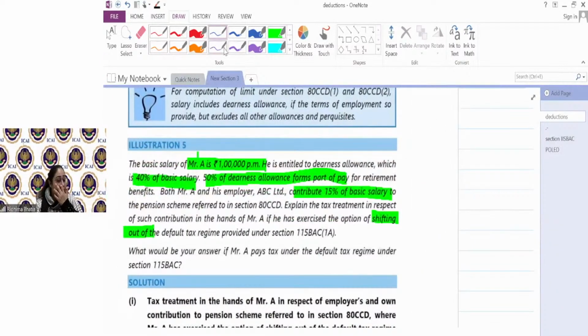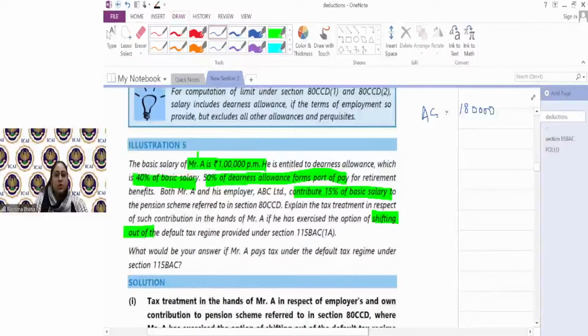First thing I have to understand is what is the salary and what is the actual contribution. Actual contribution is 15% of basic salary: 1 lakh into 12 lakh, of 15%. So the actual contribution comes to 1,80,000. Correct?